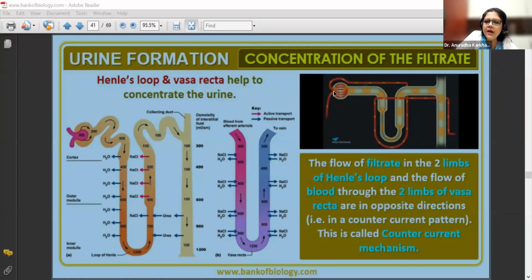Now, if you look at the blood flow, ये देखो बेटा, यहाँ से it is very much in close proximity with the PCT. Then it is so much close to the ascending loop of Henle.